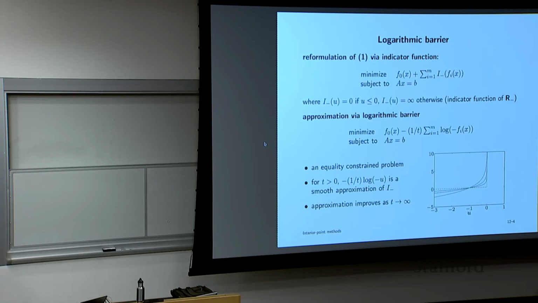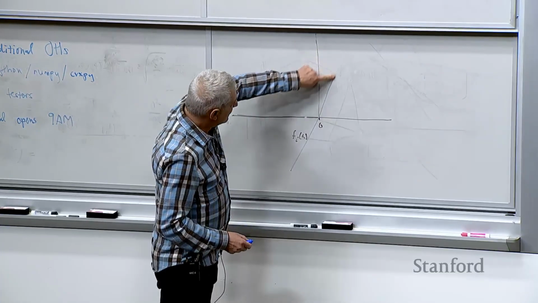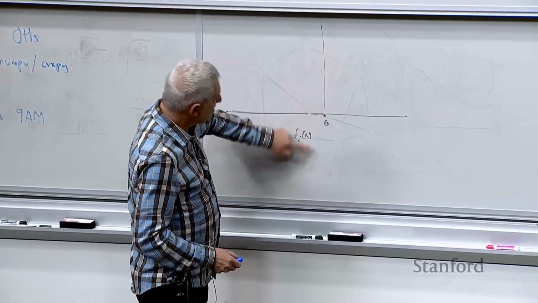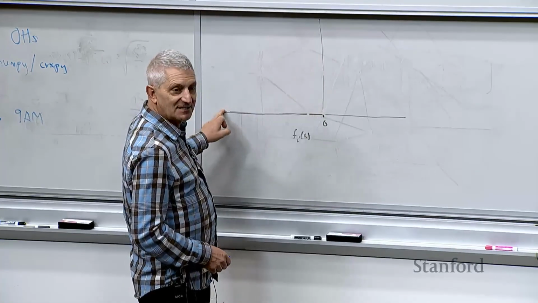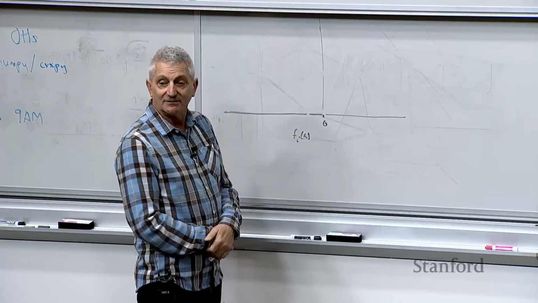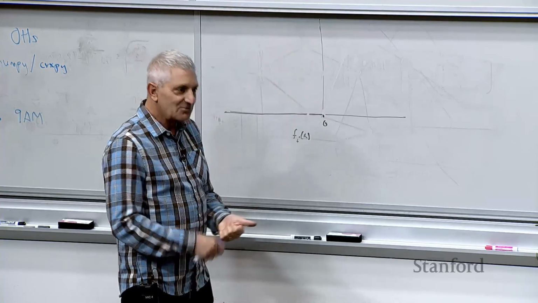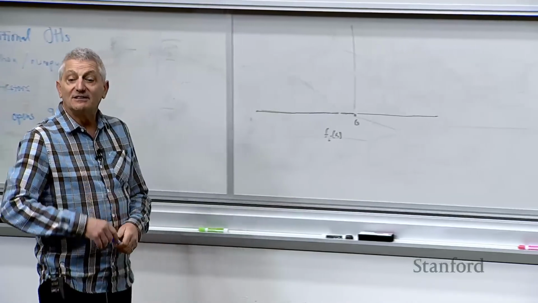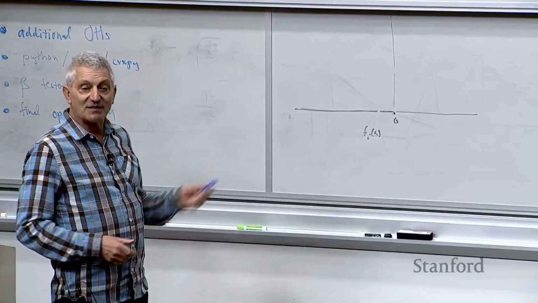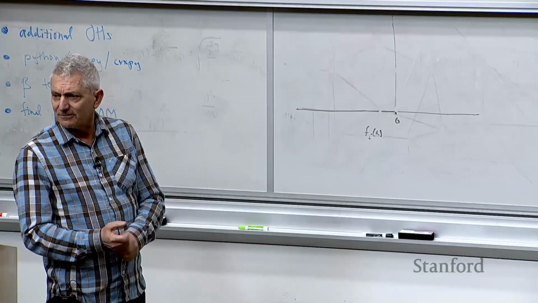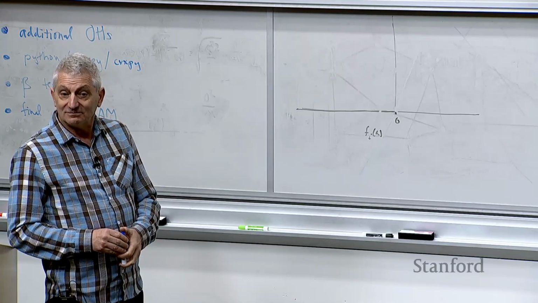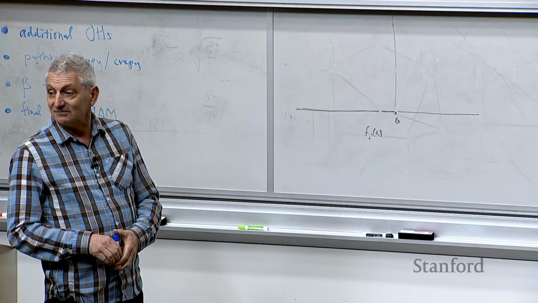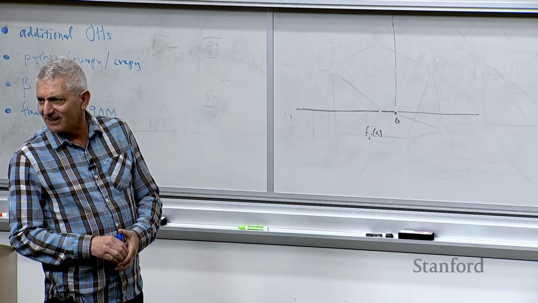This story is actually way better. This story starts this way, and we'll continue the discussion on Friday. Someone says, I'd like to apply Newton's method, but I have this function that's 0 and then goes up to plus infinity, so it's not continuous, not differentiable. There are a lot of things you could do. One thing you can do is just apply Newton's method to this. How well would that work? Not well. In fact, it wouldn't work at all.